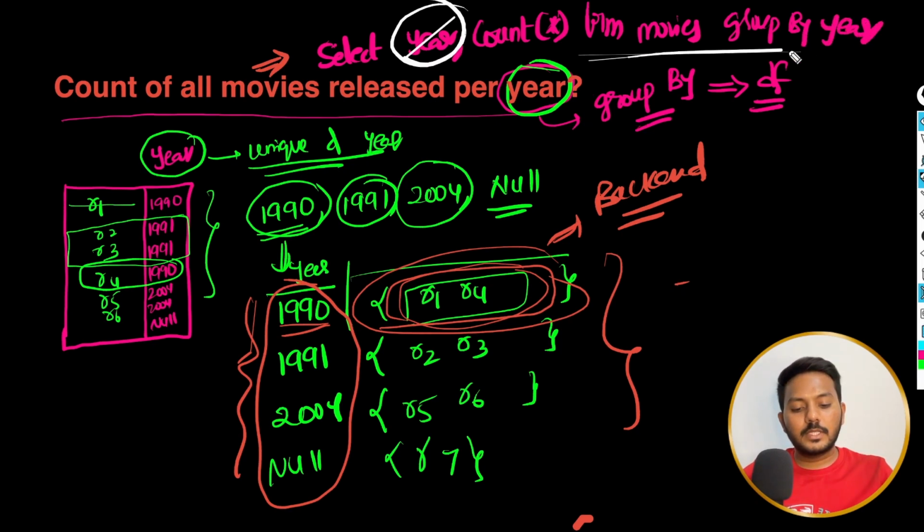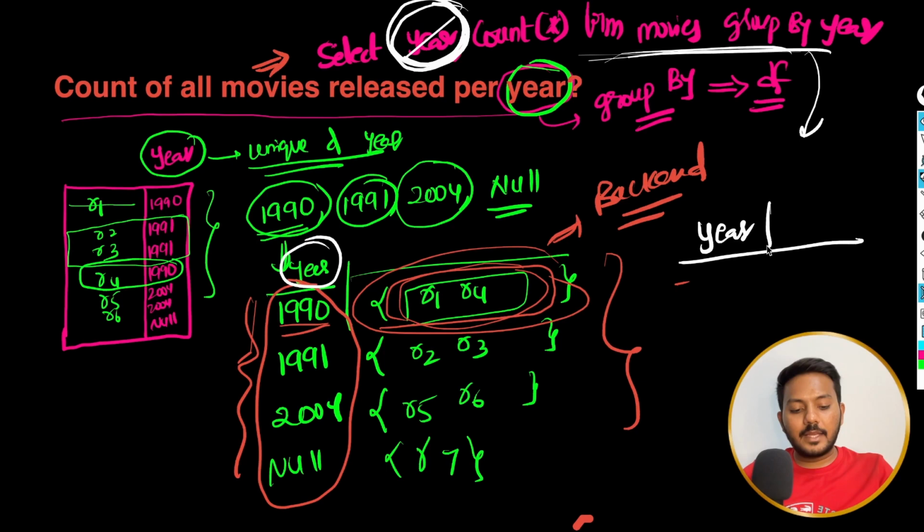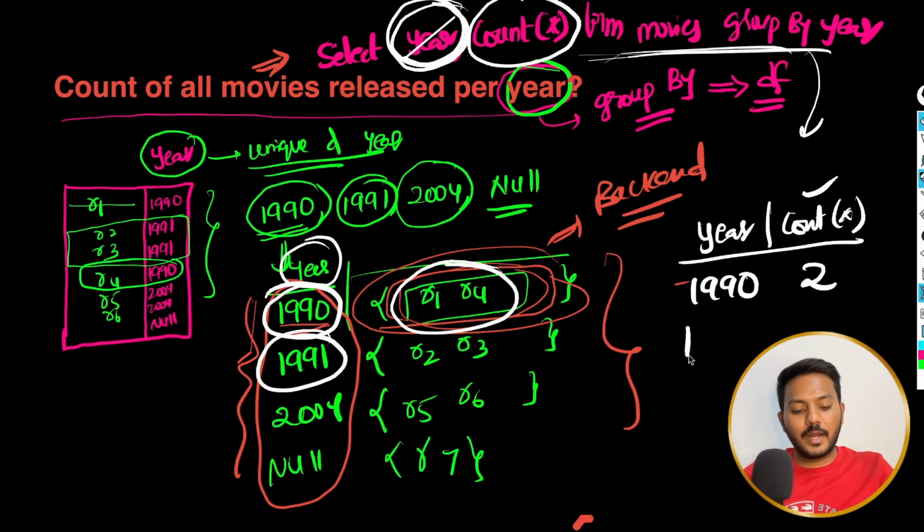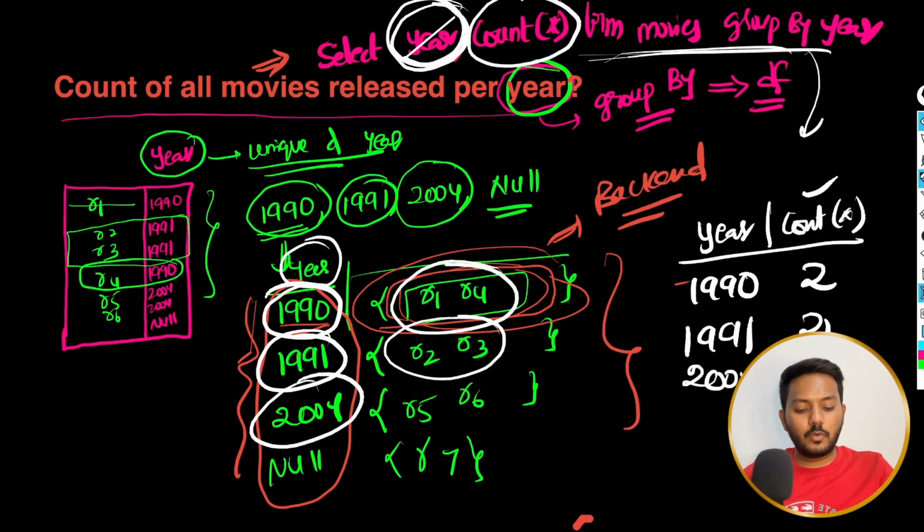When I do this, in the output it is going to print year because I have selected year, and then you have the count star. The first one is 1990, and how many records are present inside it, because we are doing a count: 2. Next we have 1991, and we have 2. Next we have 2004, and we have 2. And you have null, and you have 1.